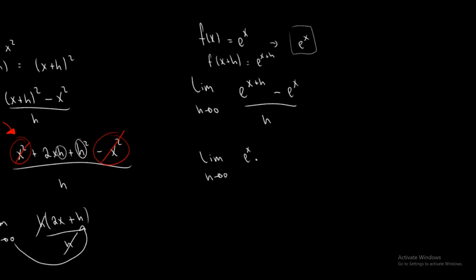So e to the x times e to the h minus e to the x over h. Therefore, I can factor now, because both of my expressions contain e to the x. Look, e to the x and e to the x. I can factor. So I can say e raised to the x times e to the h minus 1 over h.